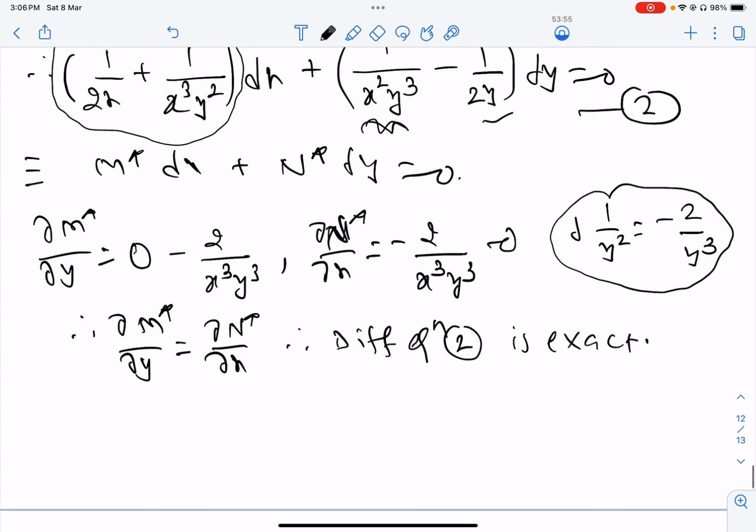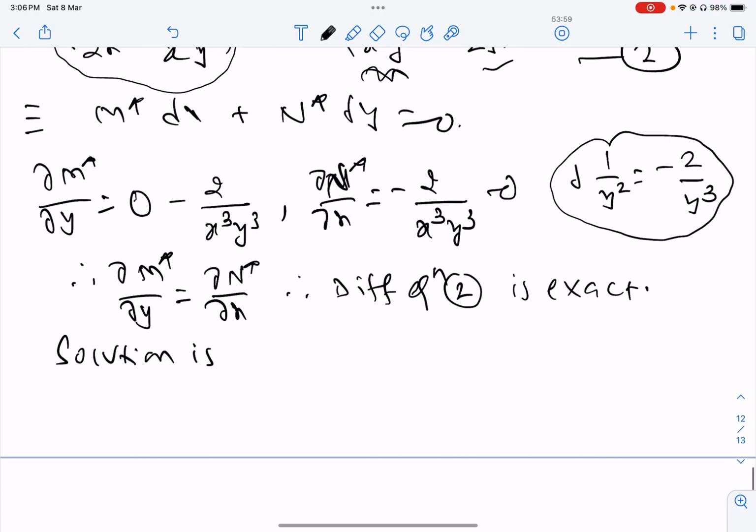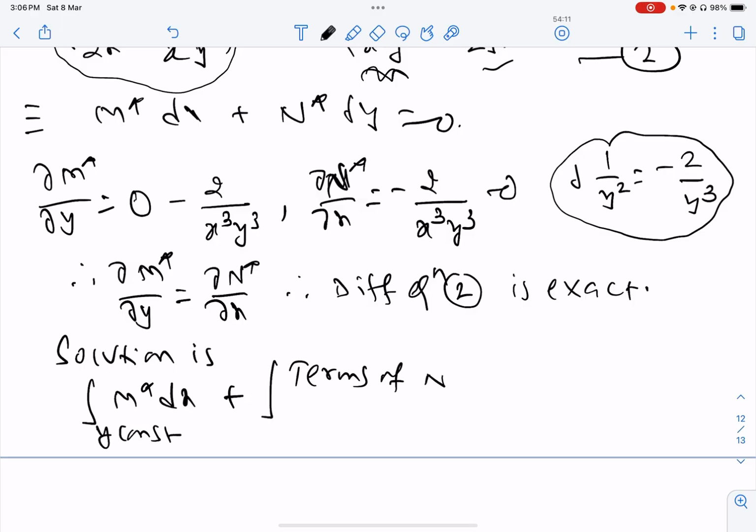So what is the solution? Solution is integration of m star dx, y constant, plus integration of the terms of n star not involving x, dy, equal to c.